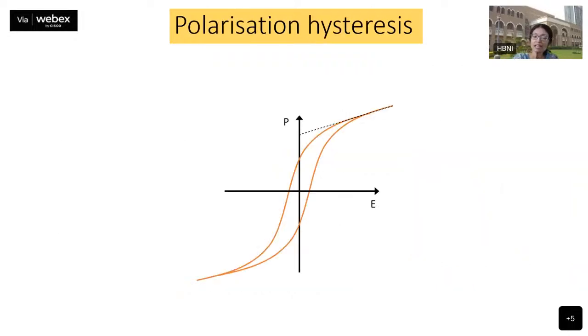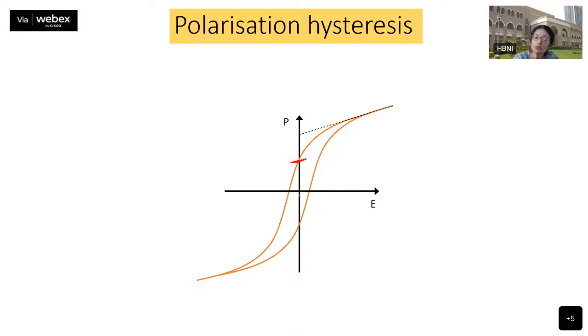This is exactly what we saw in a ferromagnetic material also. When you increase the electric field, the polarization keeps increasing. Now you remove the field, the polarization doesn't drop directly to zero. Some part of it still stays aligned. So you have something known as a remnant polarization.